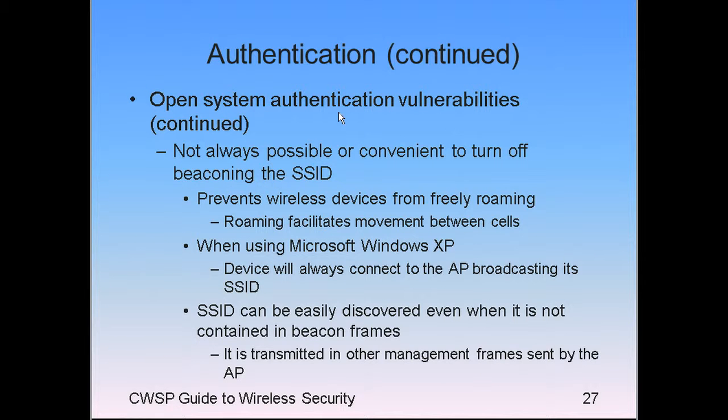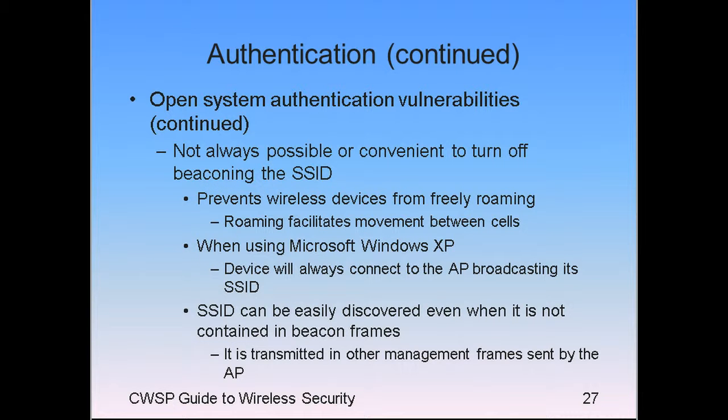Open system authentication is not always possible or convenient. Turning off the beaconing of the SSID prevents these devices from freely roaming. Roaming is a situation where we go from one access point to the other.